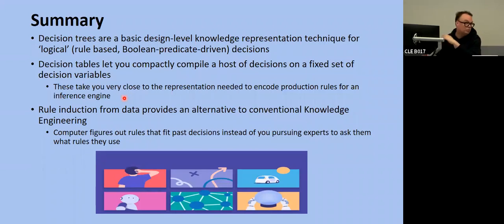That's really the ultimate goal of creating these trees, especially in health informatics, is to see whether or not this could be used more than once, right? Rule induction from data provides an alternative to conventional knowledge engineering. The computer figures out rules that fit past decisions instead of you pursuing experts to ask them what rules they use.